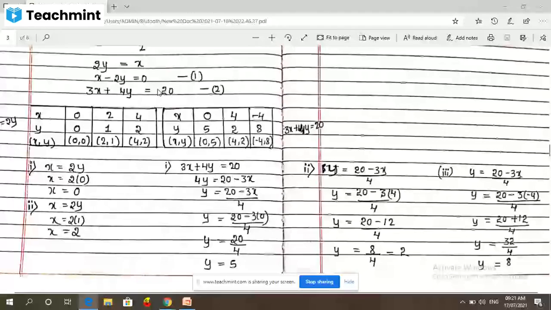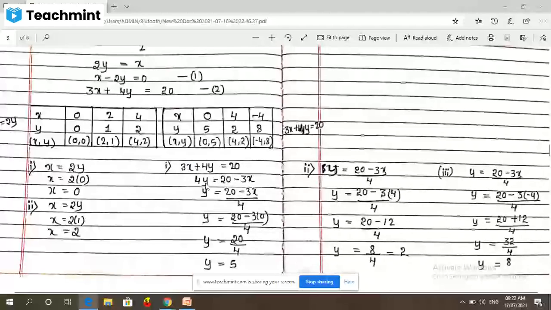Now let us move on to the second equation. Listen carefully. The second equation is 3x plus 4y is equal to 20. In the same way, we prepare one table with x, y, and together x, y. Here I'll arrange the equation in the y form.